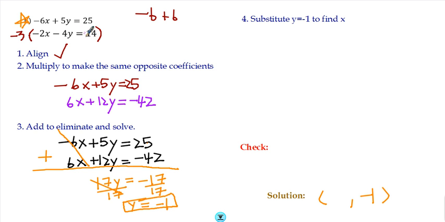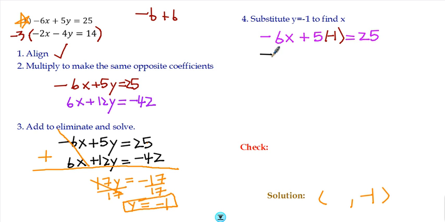I'm going to go with the first one because it has a plus. I don't want any more negatives. So I'm going to plug it into the first equation. Negative 6x plus 5y is equal to 25, but we substitute y as negative 1.